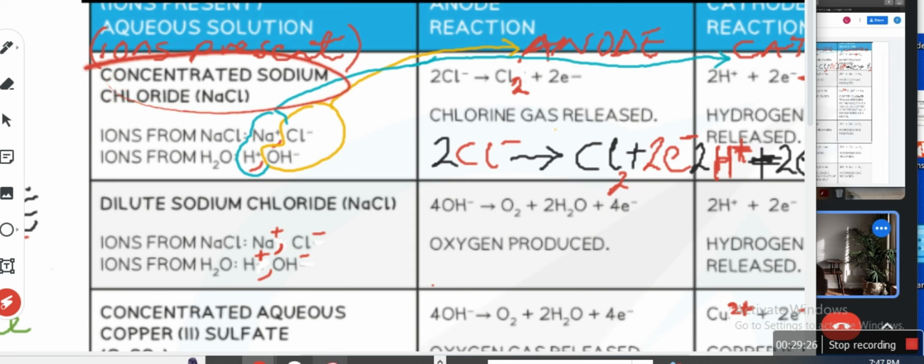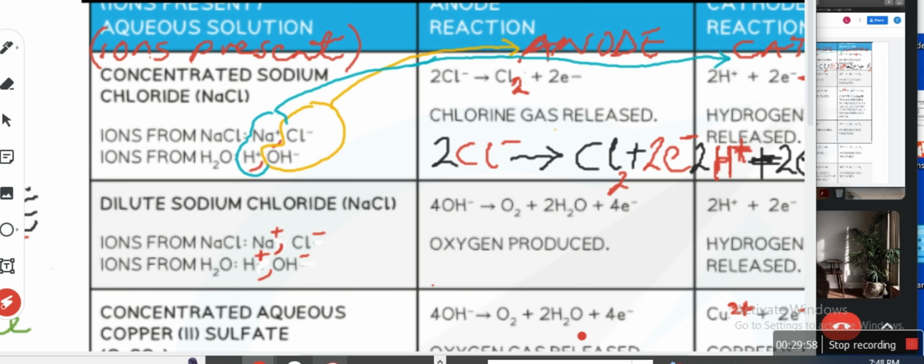Concentrated means there's more of it than water. When you have concentrated drinks, it has so much of the content than water. If it is diluted, it has so much water. So concentrated sodium chloride means it has a lot more chlorine than hydroxide.